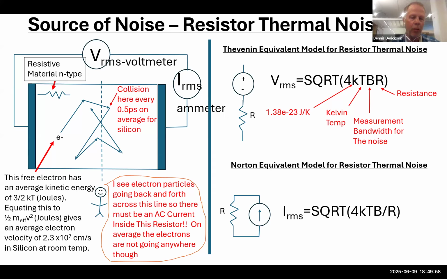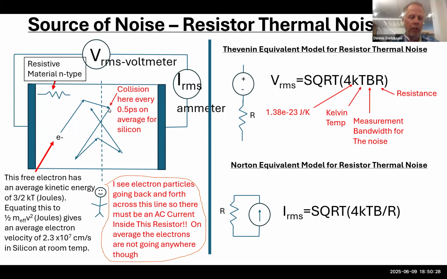So this random electron motion with no net motion across a certain line right here represents an AC current. And so if you were to take a very sensitive voltmeter, you would find that there's a voltage across this resistor, because the voltage across the resistor is the current times the resistance. And there will also be current flowing in this resistor. And so that is a fundamental source of noise in all electronic systems.